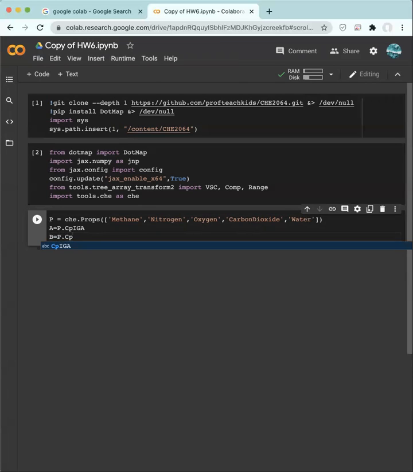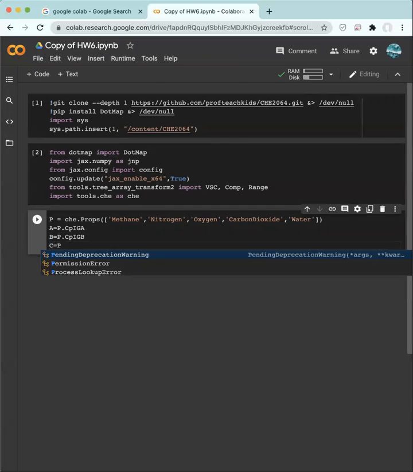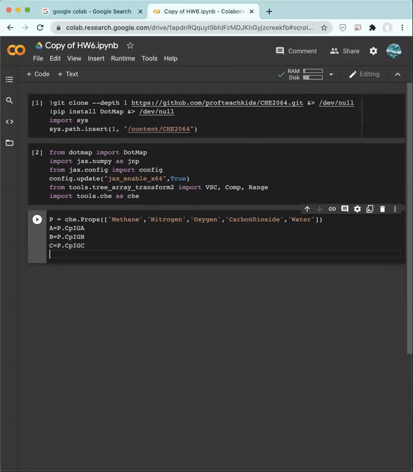So we're just going to repeat for all of that. P.CPIGC, D equals P.CPIGD and E. Oops, E. Okay, so that will give us all of the information about each of these substances.